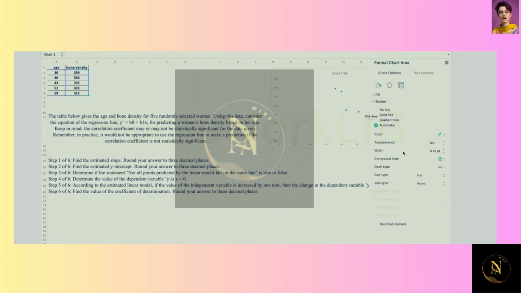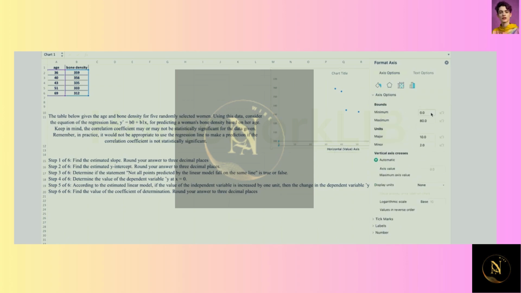So it wants you to find the estimated slope. So what I'm going to do is take this and make it a little bit bigger so that it's easier to see. I'm also going to fix the chart axes, so I'm going to start this at 30.